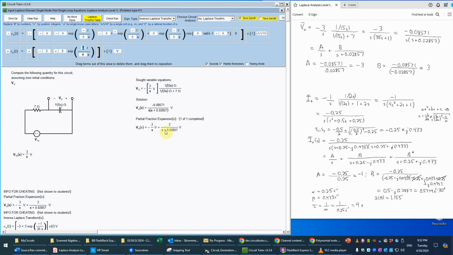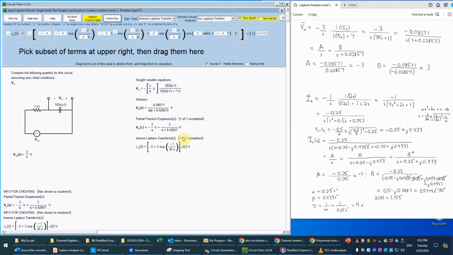But we do need the reciprocal of that value, and that reciprocal of that value, I didn't show it over here, but that's 35. So we'll put a minus sign on the top, and that's going to be 35 seconds. And that completes the formula. So now we just check that. And that is correct. That's been printed for us.